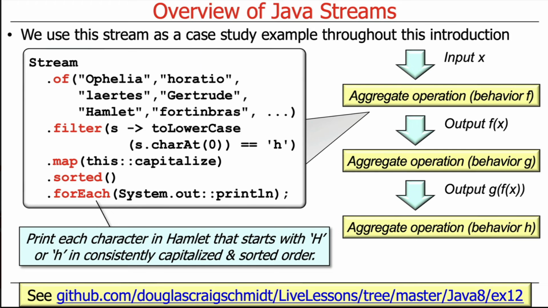It then filters out any character whose name doesn't begin with a lowercase or uppercase h. Then we consistently capitalize things so that they start with a capital letter and then are followed by lowercase letters. Then we sort them so they're sorted in ascending order, and then we print the results out. So that's an example of a very simple stream that fits on a slide that I can talk about to illustrate some of the concepts we'll discuss.